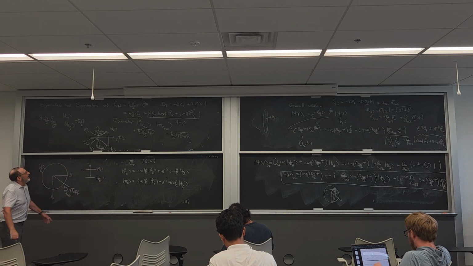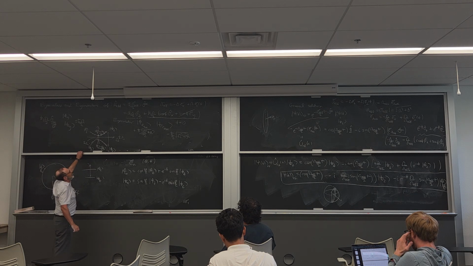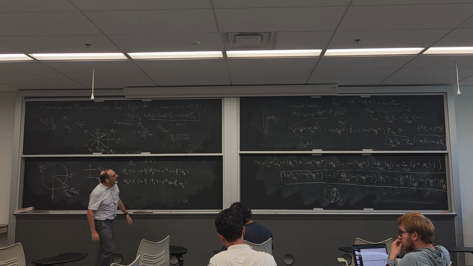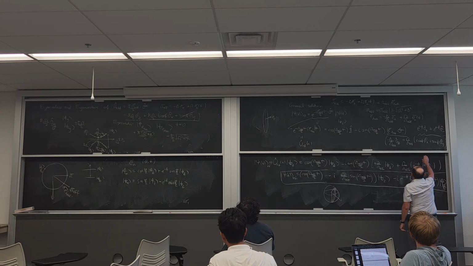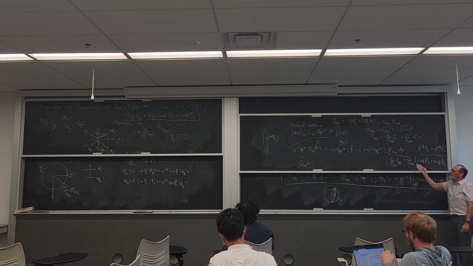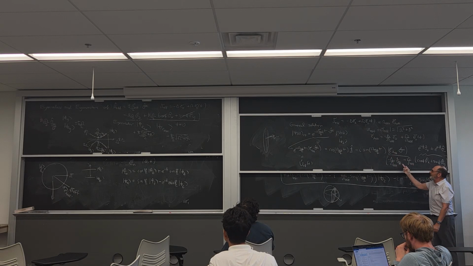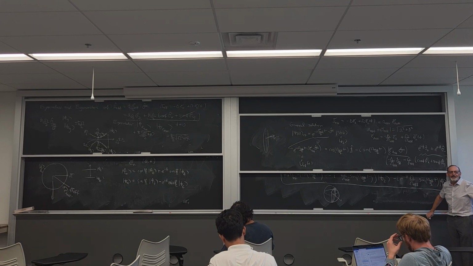So, here's my unit vector. It's written somewhere. Here it is. My unit vector has a z component and it has a transverse component.